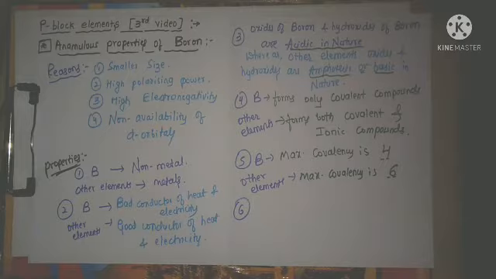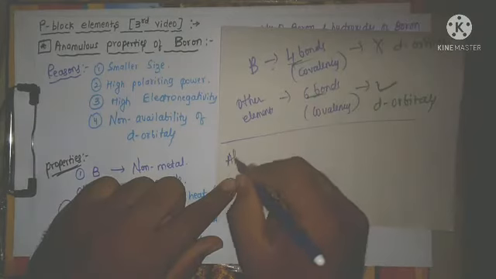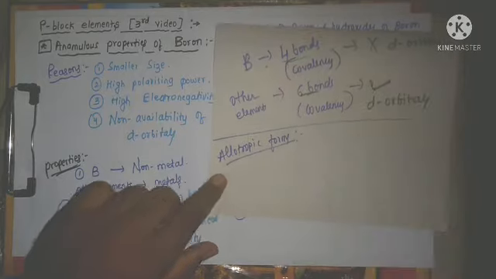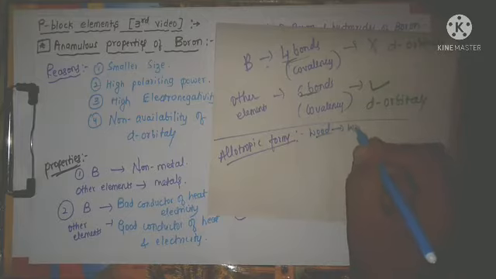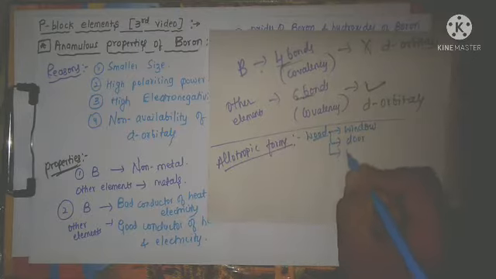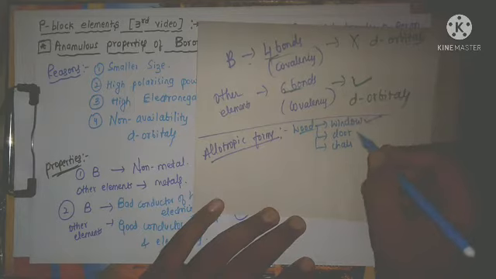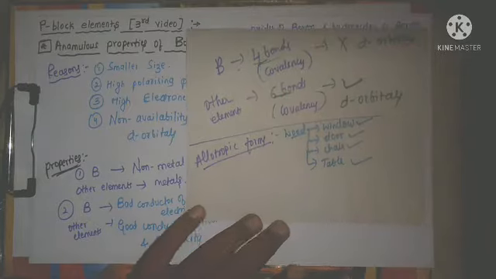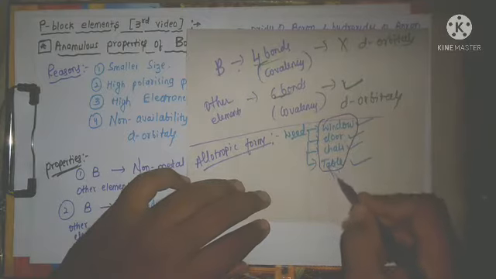First you should know what is meant by allotropic forms. From wood we can make a window, we can make a door, we can make a chair, we can make a table, etc. But all these are made up of the same element, that is wood only.